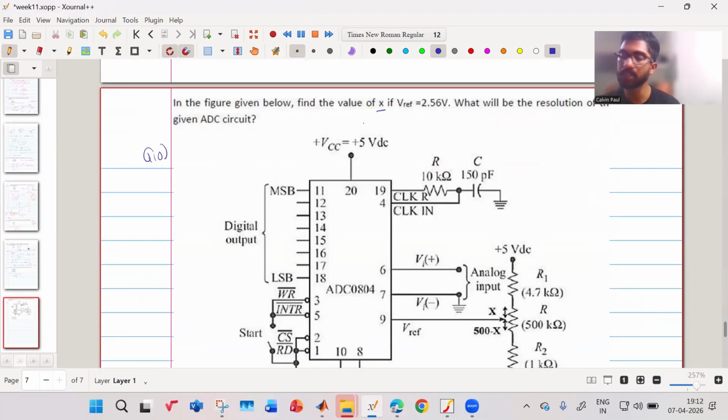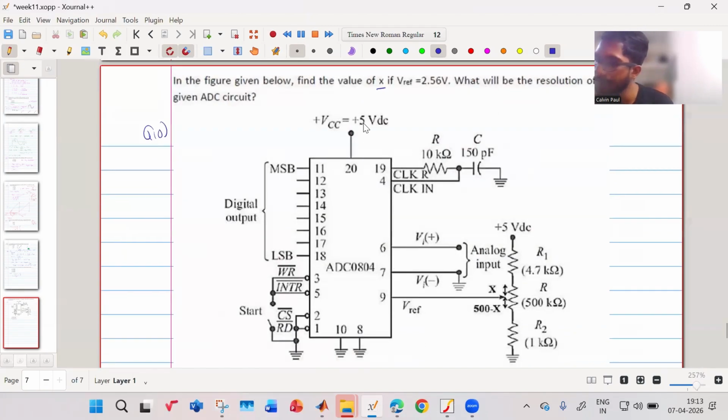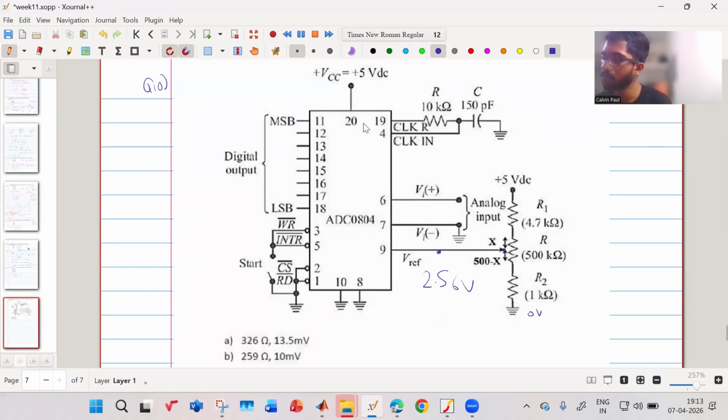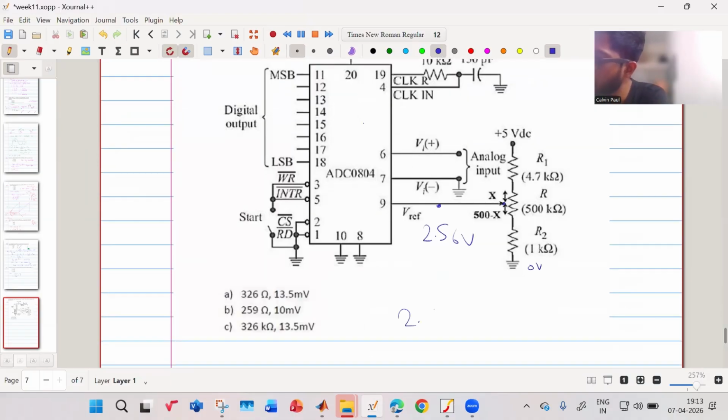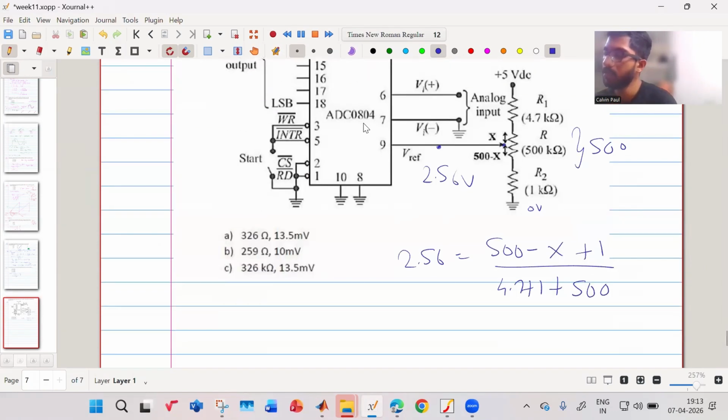If Vref is 2.56 volt, what is the value of x? This voltage is 2.56 volt, this is 0 volt, this is plus 5 volt DC. So that means this voltage is 2.56, right? Your 2.56 is equal to your 500 minus x plus 1 upon 4.7 plus 1, and this overall resistance is 500. So plus 500. Okay.